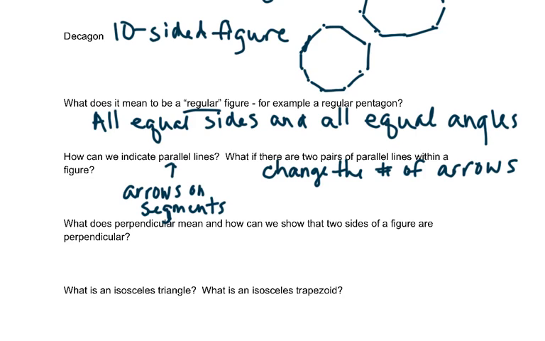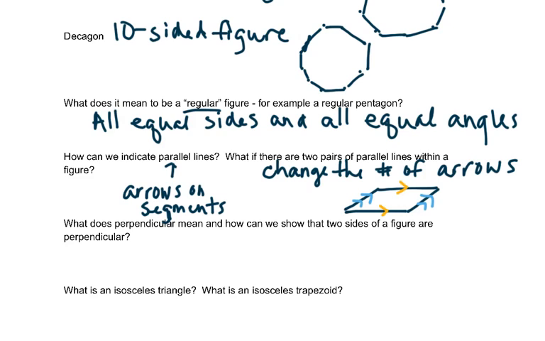So if we have a parallelogram with two pairs of parallel sides, here's one pair of parallel sides with arrows, and here is a second one with arrows. So the number of arrows tells you which ones go with each other.